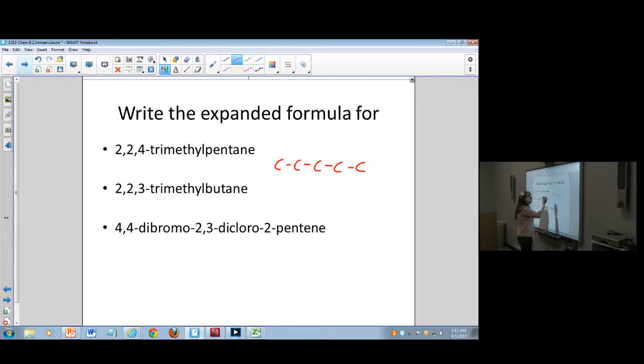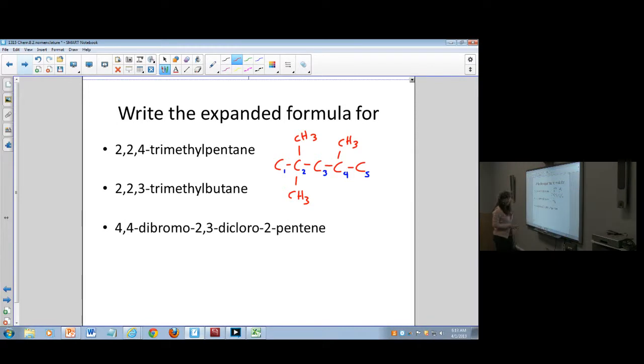Then you're going to come in and put in the substituents. So be sure you number your carbons and know which one is which. So on carbon 2, I'm told that I have a 2-methyl and another one at the methyl, all right? And then on carbon 4, I have a methyl group.